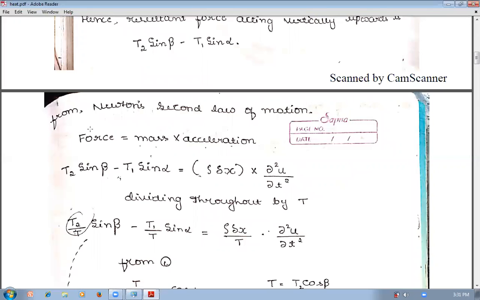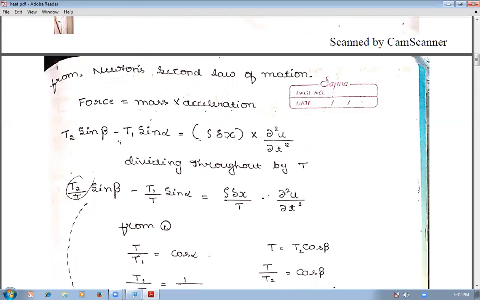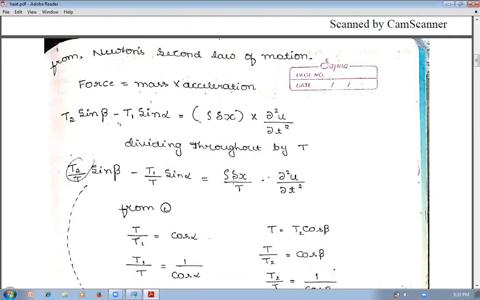So the resultant force T2 sin beta minus T1 sin alpha is equal to mass, rho delta x, into acceleration, ∂²u/∂t². Dividing throughout by T, we get (T2/T) sin beta minus (T1/T) sin alpha is equal to (rho delta x/T) ∂²u/∂t².